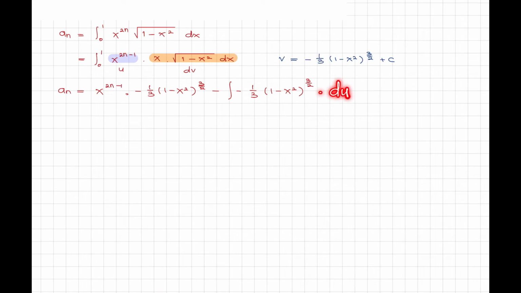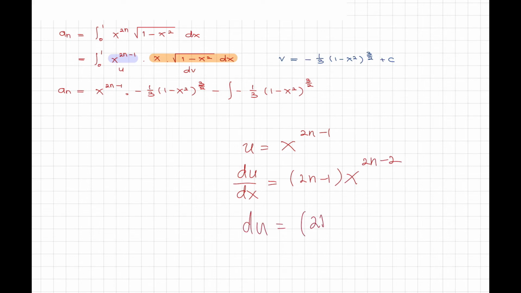What is du? To find du, we have to differentiate our u. u is equal to x to the power of 2n minus 1. If we differentiate it, I get du/dx equals to 2n minus 1 times x to the power of 2n minus 2.